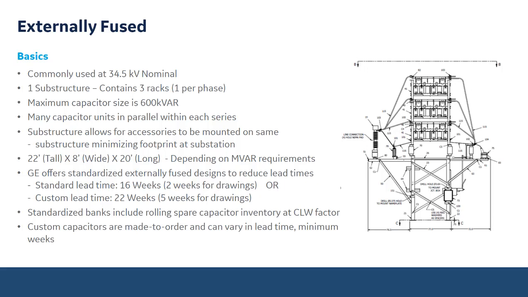The substructure allows for accessories to be mounted on the same substructure. So what we have here is, you can see we have a ground switch mounted to it. We have a junction box that includes terminals for the PT. We have a PT as the protection, which is going to be monitoring that neutral voltage. And we have 4 arresters, again, 3 arresters for each phase and a 4th arrestor on the neutral.